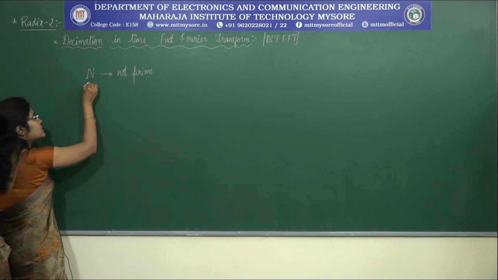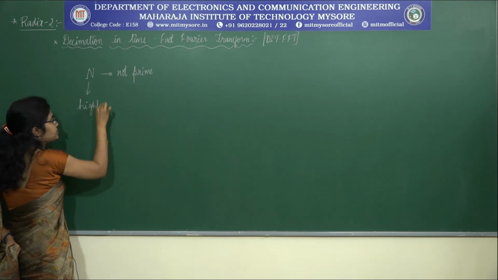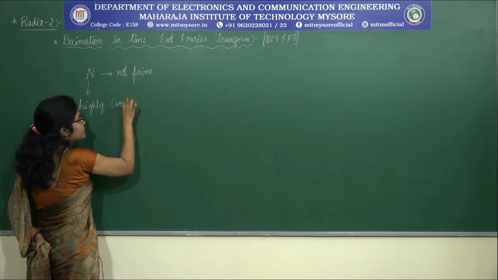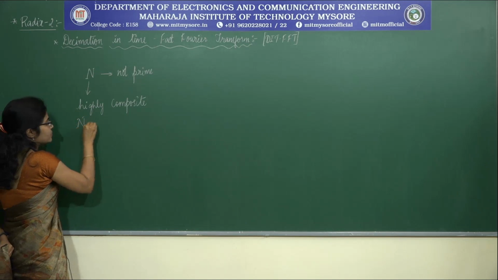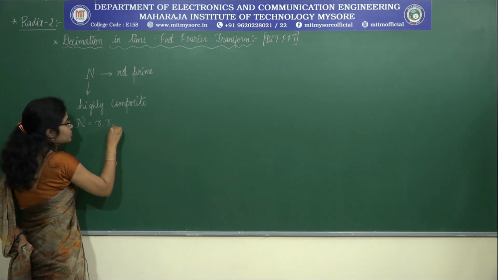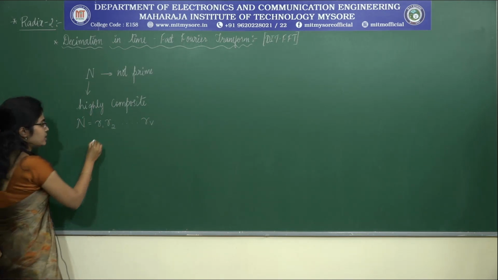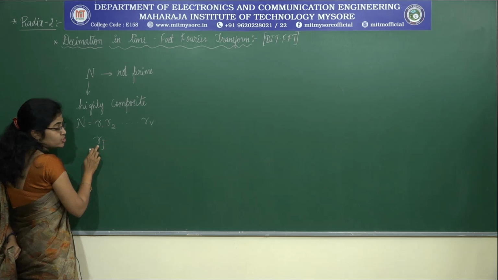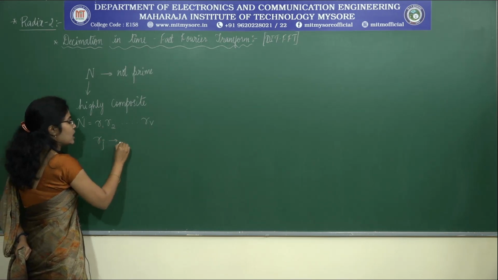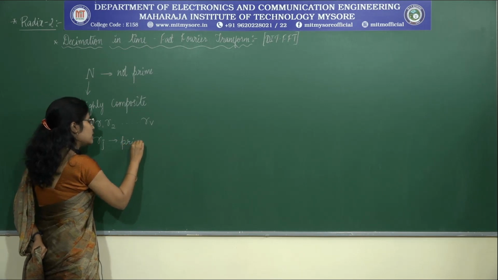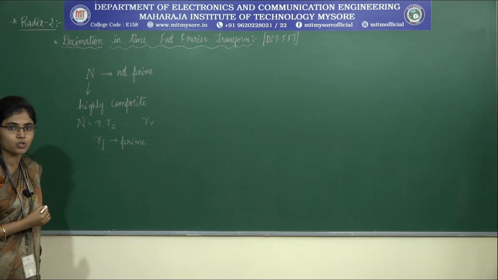In particular, we can say that this value of n should be highly composite, which means that n is factored as R1, R2, R3 up to Rv, where all these R values, which I generally term as Rj, where j ranges from 1 to v, are prime. Only if this condition is satisfied can the divide and conquer approach be applied.